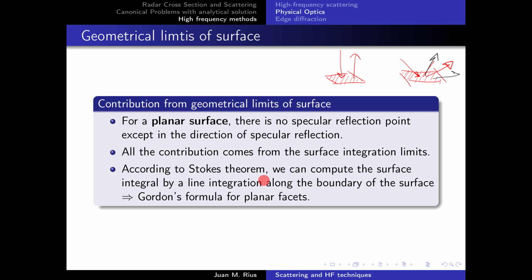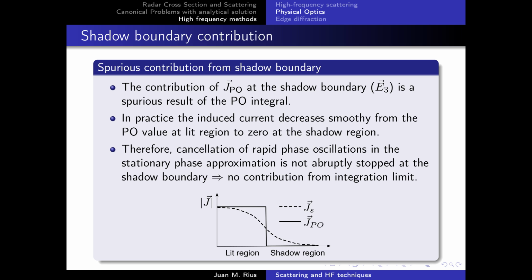This is what I said also in the slide before, that for planar surfaces in many cases you don't have a specular reflection point, and you must use Gordon's formula to compute the contribution of the edges or the limits of the surface. So the contribution from the shadow boundary, contribution number 3 in the previous two slides, is spurious because actually it doesn't exist in the exact solution.